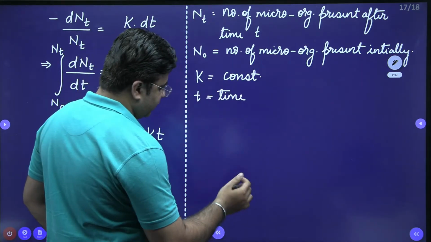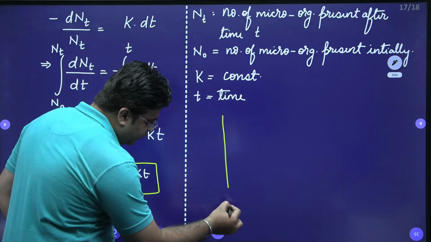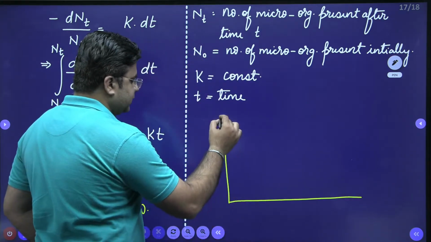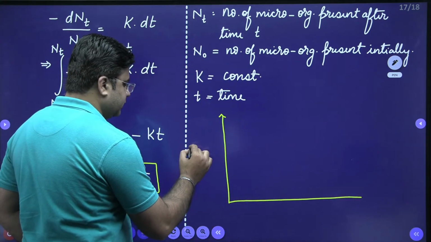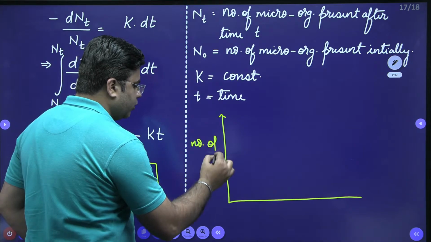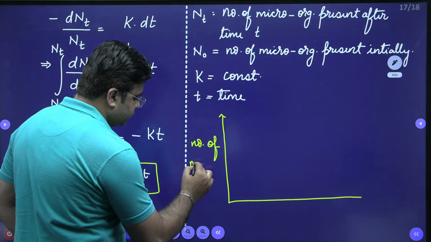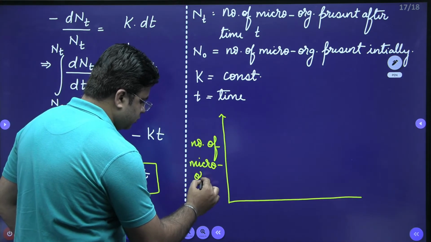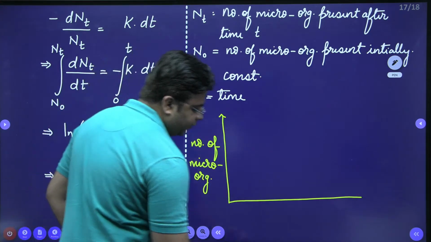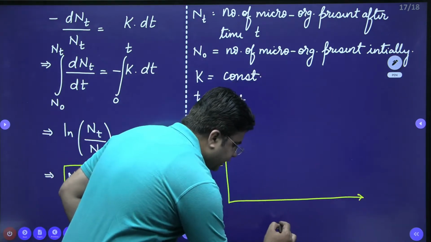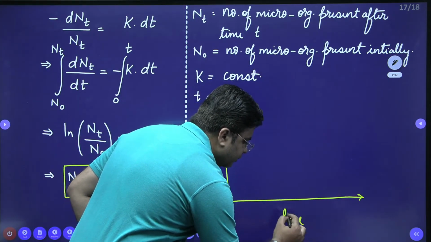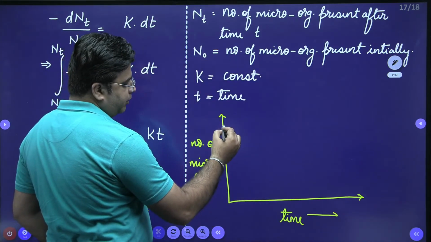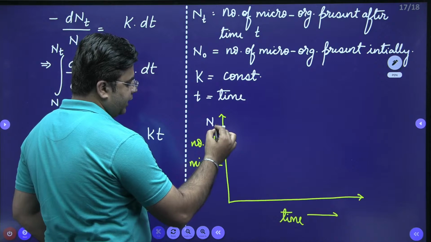When you plot the rate of change of microorganisms, on the y-axis I have plotted the number of microorganisms, and on the x-axis I have plotted time. At time t is equal to 0, the number of microorganisms present are N naught.